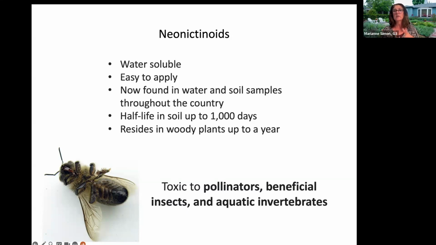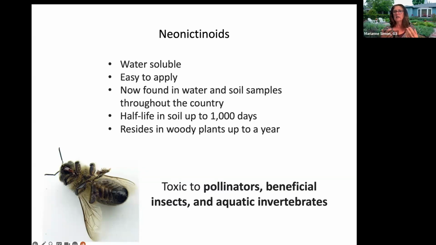It is water soluble and easy to apply, which are the reasons it is so popular, but it is being found everywhere in the country, in the water, in the soil. Its half-life is 1,000 days, which is basically 3 years, and it will live in a woody plant for up to a year.